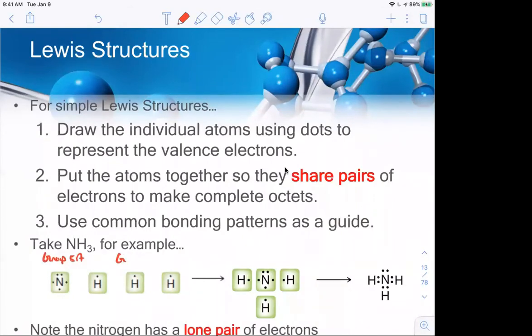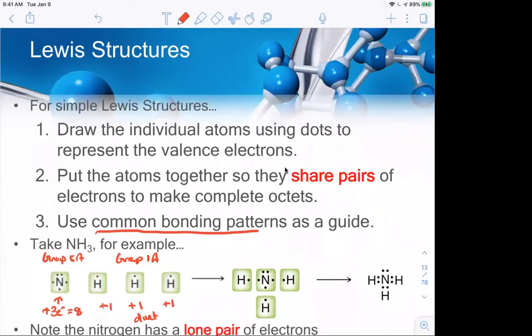My hydrogen is in group 1A, so it has 1 valence electron. Notice that I need to gain 3 electrons to make an octet, and each one of these needs to gain 1 to make that duet and fill the hydrogen outer shell.